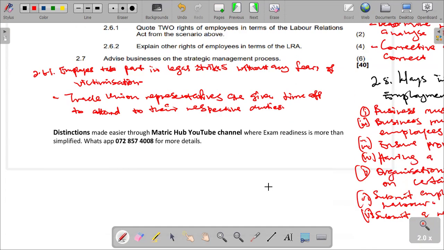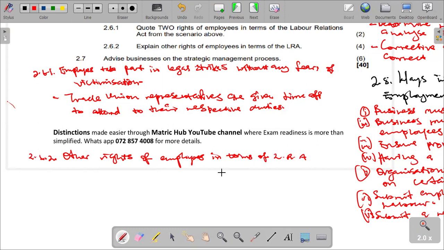Then 2.6.2: explain other rights of employees in terms of the Labor Relations Act.